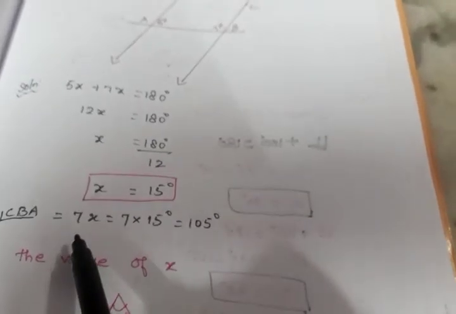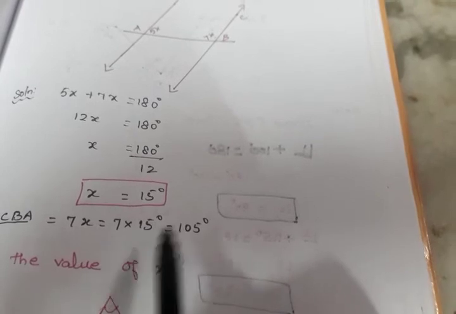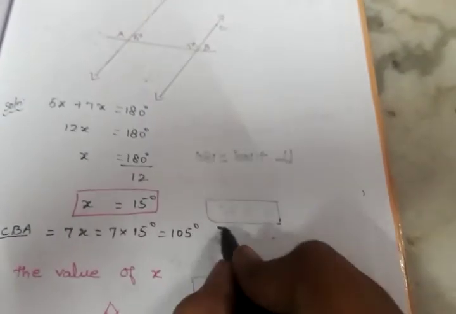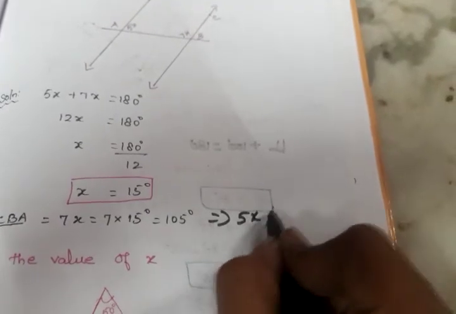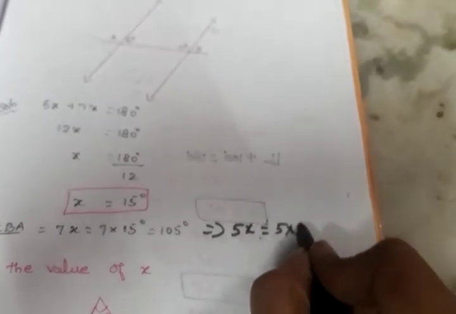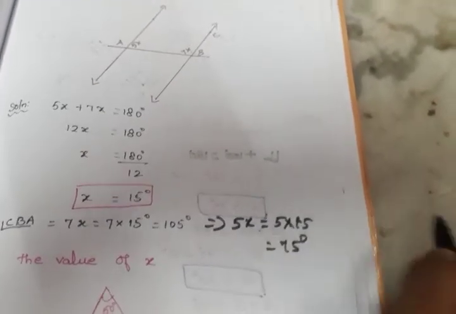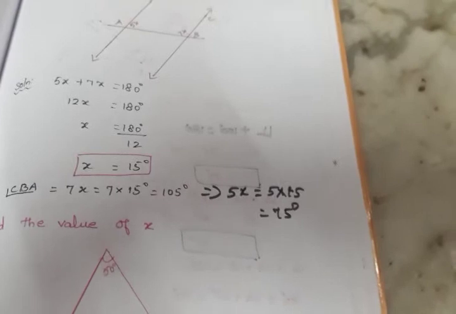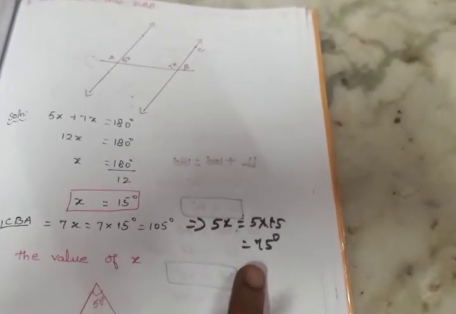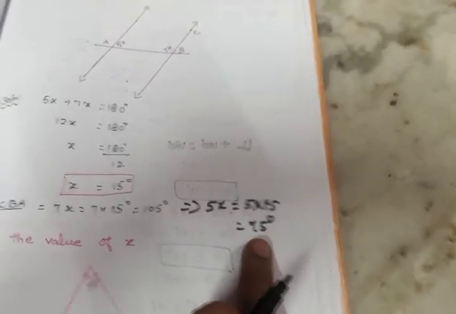So angle CBA, 7x equals 7 into 15 degrees, we get 105 degrees. Then 5x equals 5 into 15, we get 75 degrees. The first one is 105 degrees, the second value is 75 degrees. Add the two values, we get 180 degrees.